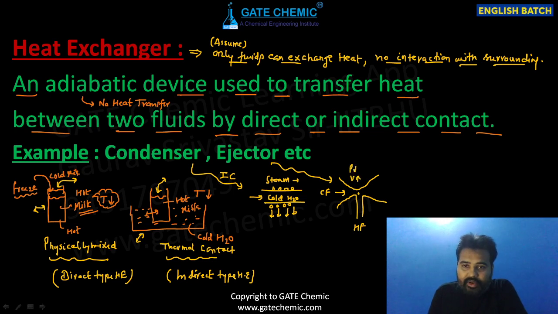That's why pressure will decrease. So due to less pressure here, this hot fluid at higher pressure will be sucked by this cold fluid, and they will mix also, and they will also exchange heat. Now you can see, beta, this is an example of a direct contact type heat exchanger.